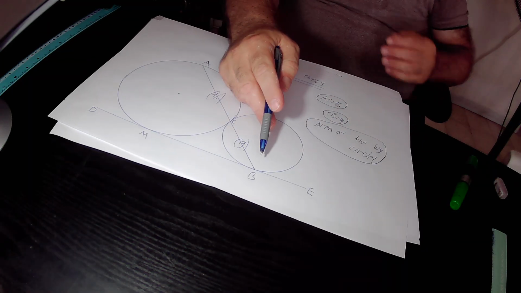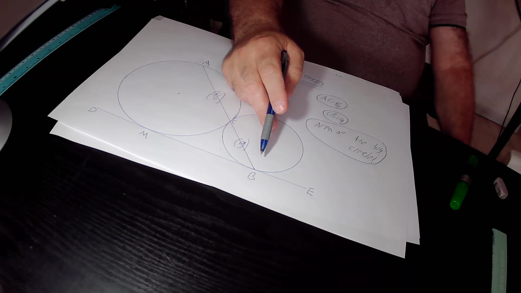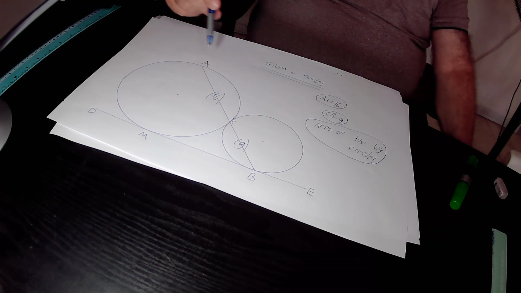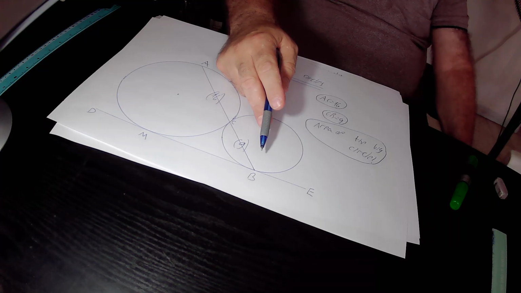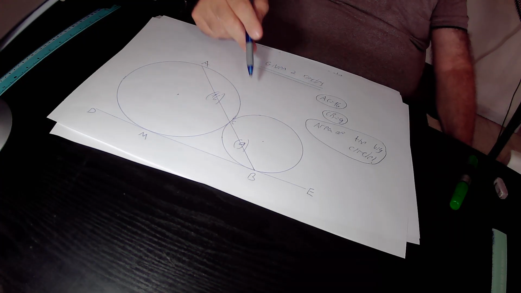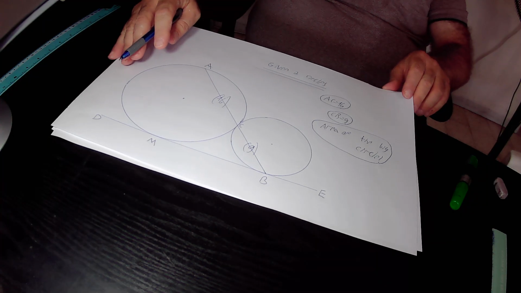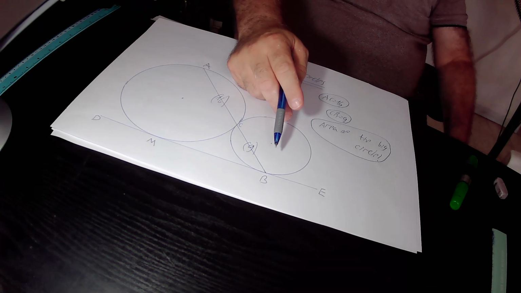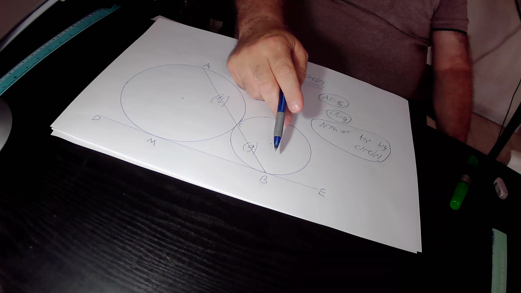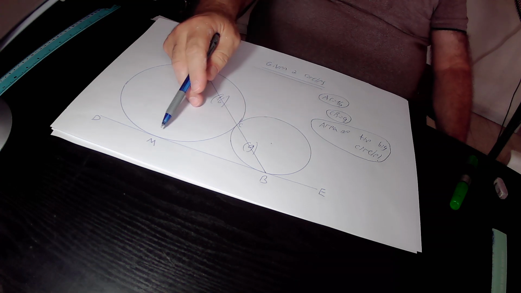Point B is considered a common extreme point in relation to this big circle. From point B, the common extreme point, we have tangent BM to the big circle.